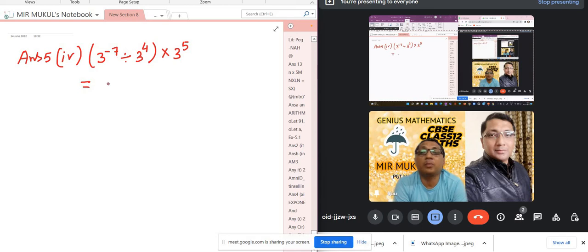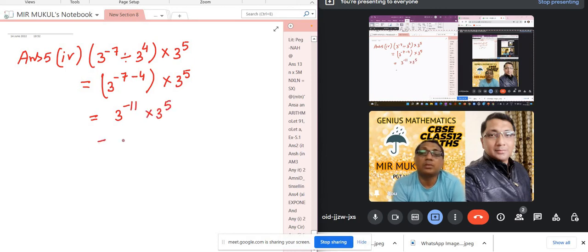In division, powers will be subtracted. So minus 7 minus 4, the power will be subtracted. Keep it in brackets, into 3 to the power 5. So we are getting 3 to the power minus 11 into 3 to the power 5. So 3 to the power minus 11 plus 5, then 3 to the power minus 6.